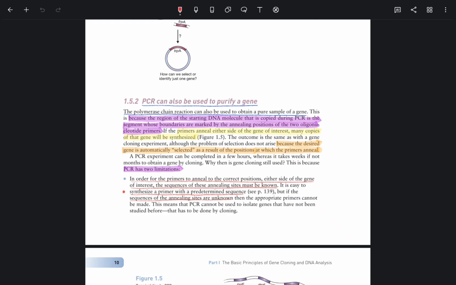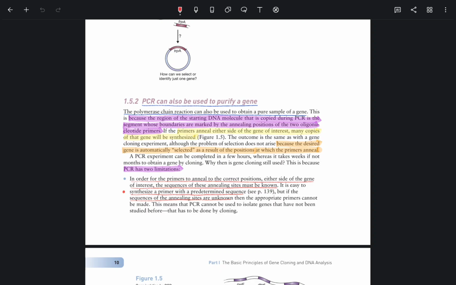If the primers anneal either side of the gene of interest, many copies of that gene will be synthesized, because the desired gene is automatically selected as a result of the positions at which the primers anneal.